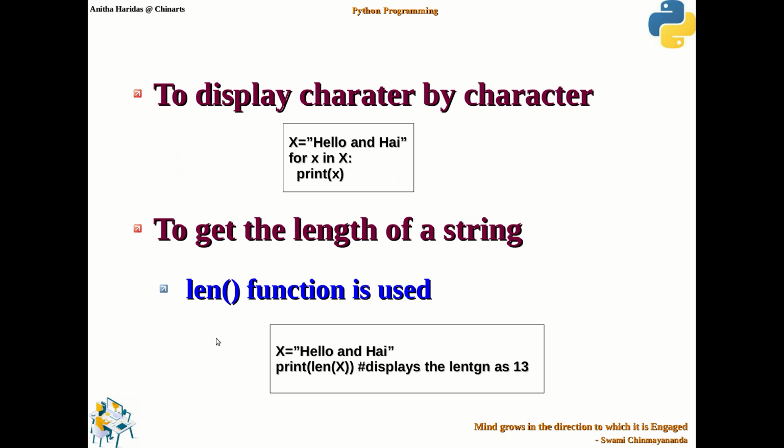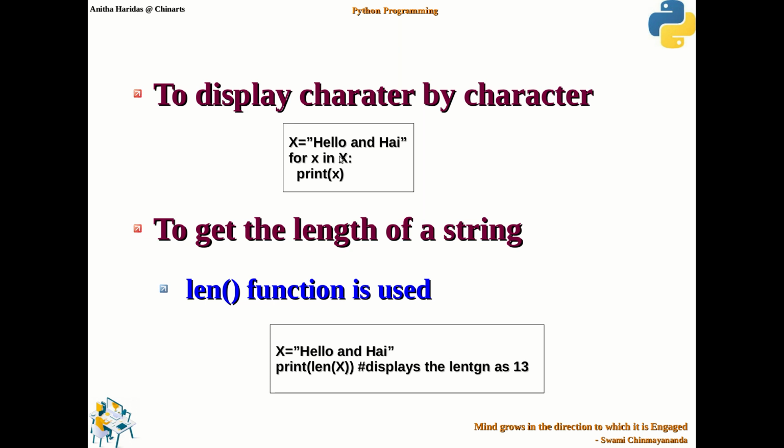Now suppose, for example, you want to display character by character. Then I can use a for-in statement. You assign this string to variable x, and you use for x in x.